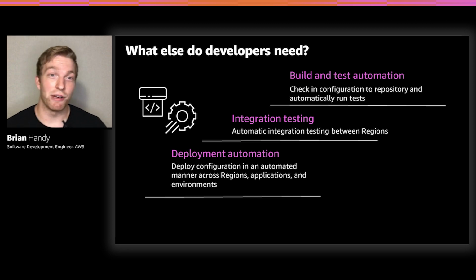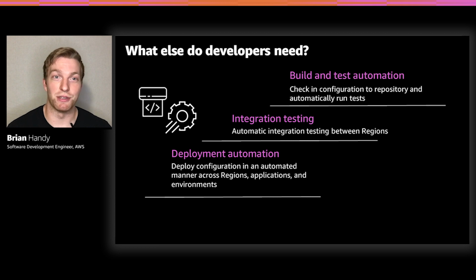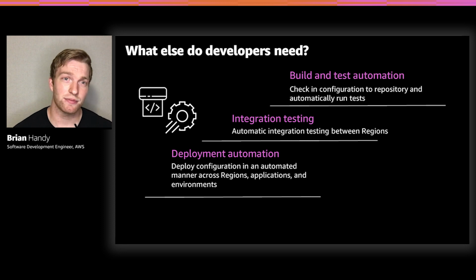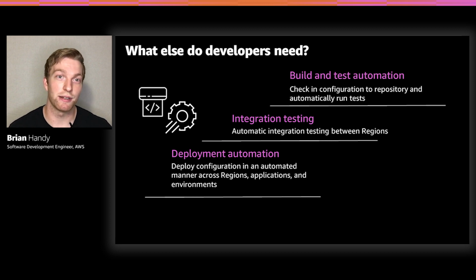And they probably want integration testing to be run between each of those regions. Basically what developers want is modern CI/CD best practices, which are typically applied to code deployments, applied to configuration deployments as well. So how do we get those CI/CD best practices and integrate them into deploying configurations with App Config?